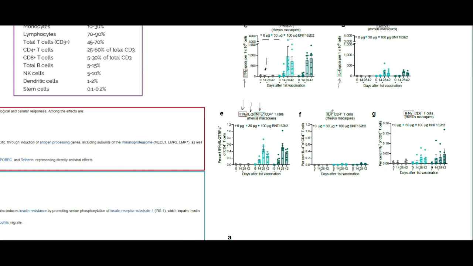And the interleukin 4 once again seems to have a much more depressed response. We're getting barely anything in our experimentals here. The interferon gamma CD8 T cells, we start seeing some response there, particularly after about 28 days.